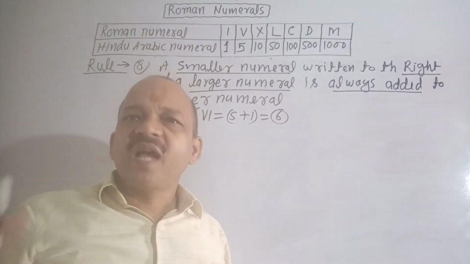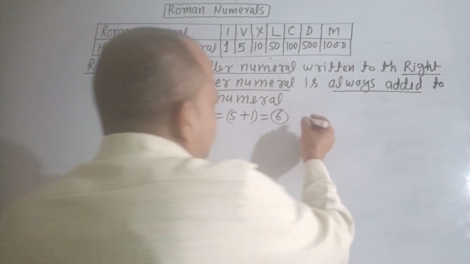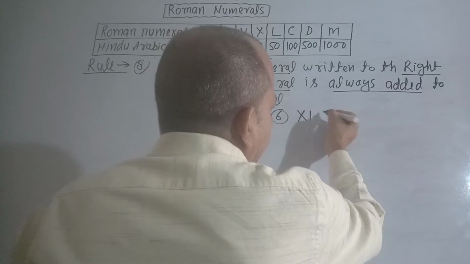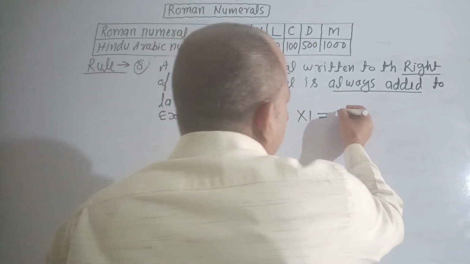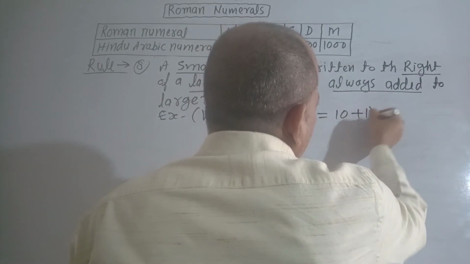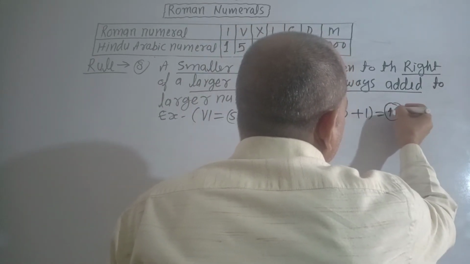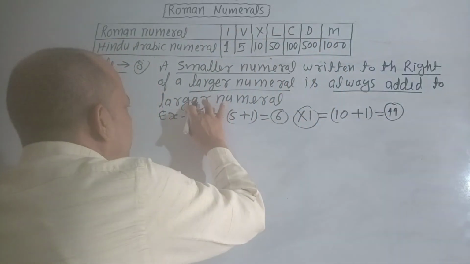Next, XI equal to 10 plus 1 equal to 11.